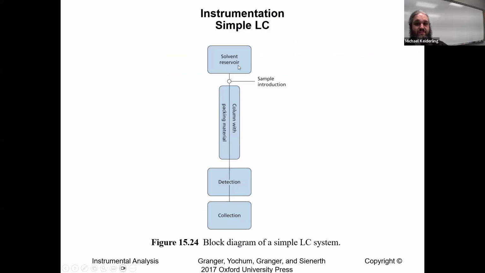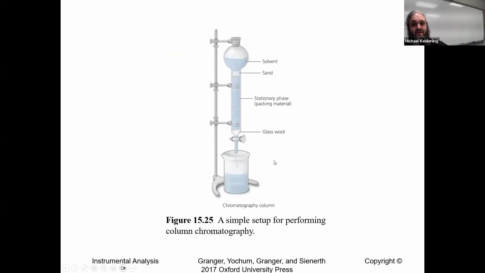So a simple liquid chromatography setup has a solvent reservoir, some column with packing material, detection, and collection. Here's an example: solvent, some sand, the stationary phase, glass wool, and collection and detection, and you're just collecting in beakers.